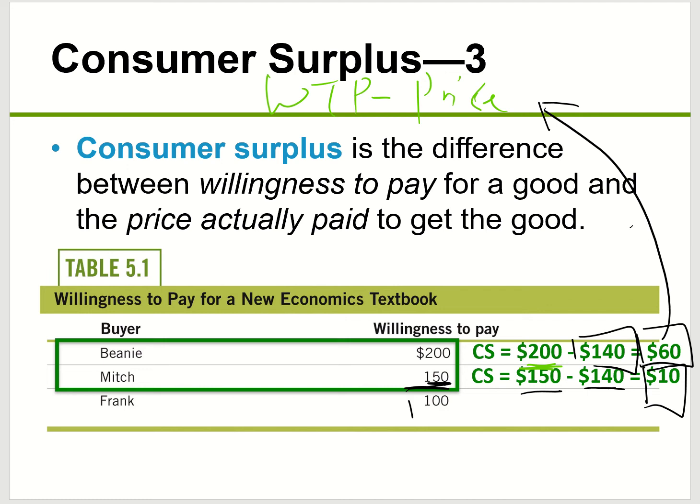Frank wouldn't buy the good, therefore Frank has no consumer surplus. Consumer surplus only happens once you buy the book. If you don't buy the book at all, you have no consumer surplus. So Beanie and Mitch will buy the good and have a consumer surplus, but Frank wouldn't buy the textbook, so he has no consumer surplus.